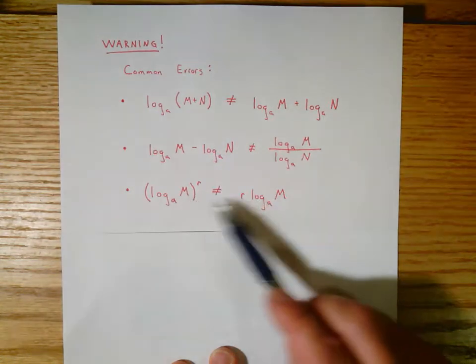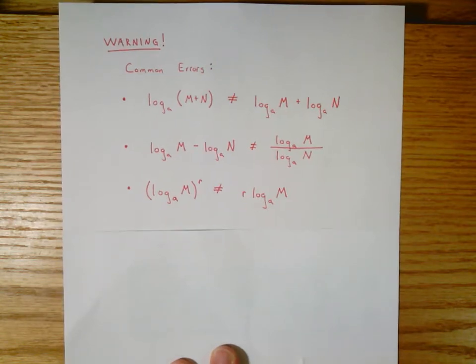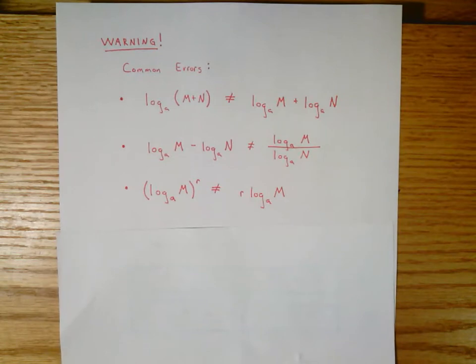This is basically stating that an exponent is equivalent to multiplying, and we know that that's not the same thing. Raising something to the fifth power is not the same as multiplying it by 5. And these are some common errors. Okay. From there, if you want to actually go ahead and pause the video and write those common errors, your red letter warnings, and then after you come back, we'll look at a couple more properties.